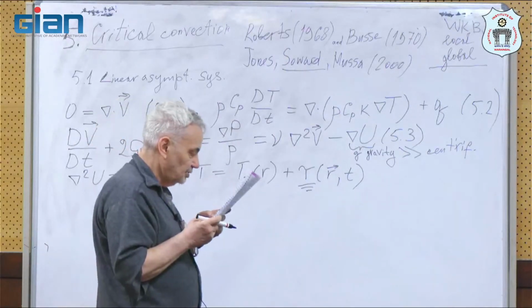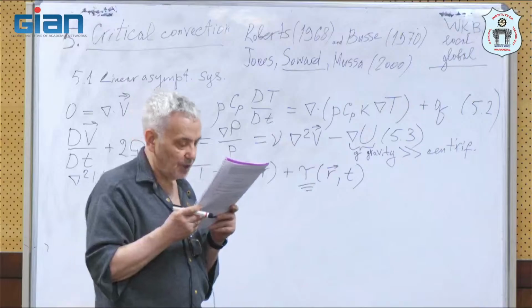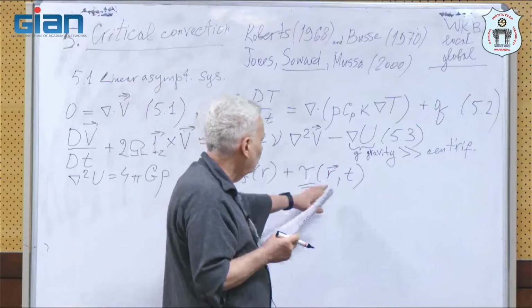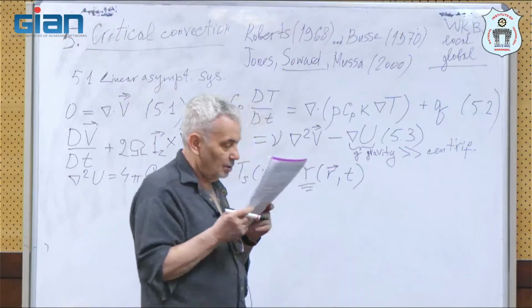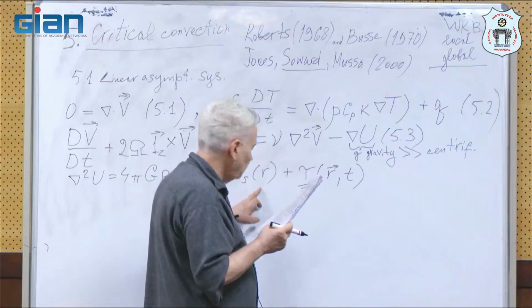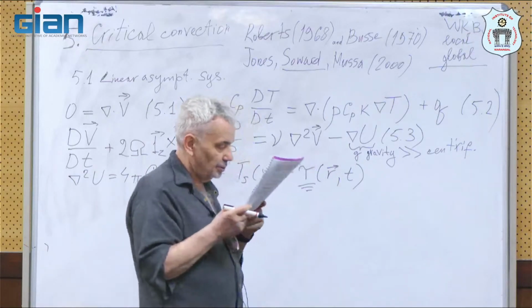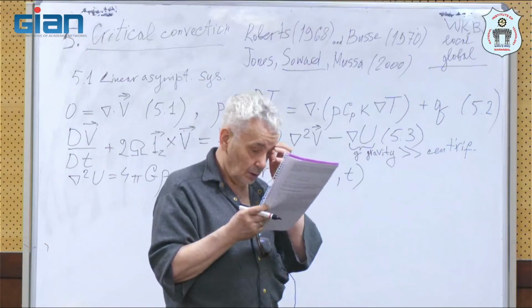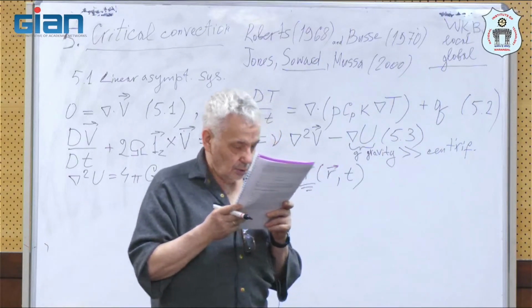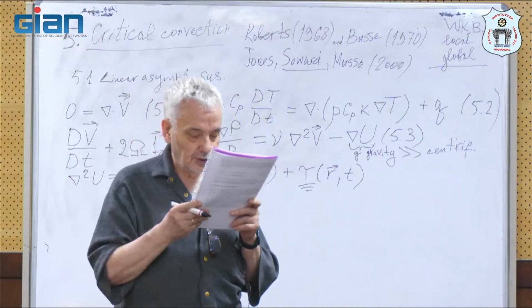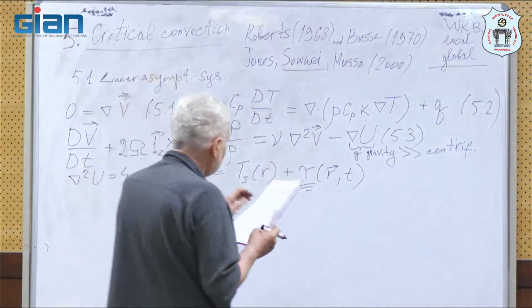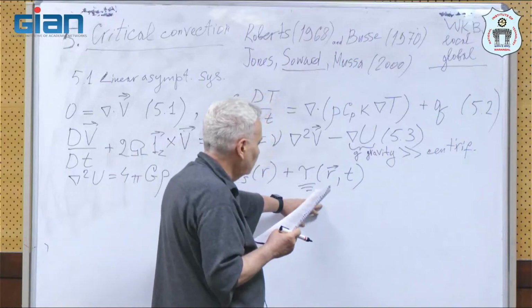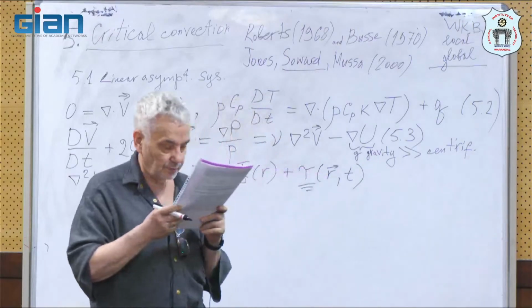Here tau s is the steady temperature profile, and tau depends on all coordinates and time, not only on the radial coordinate. This tau is the convective part, which causes and supports the convection.